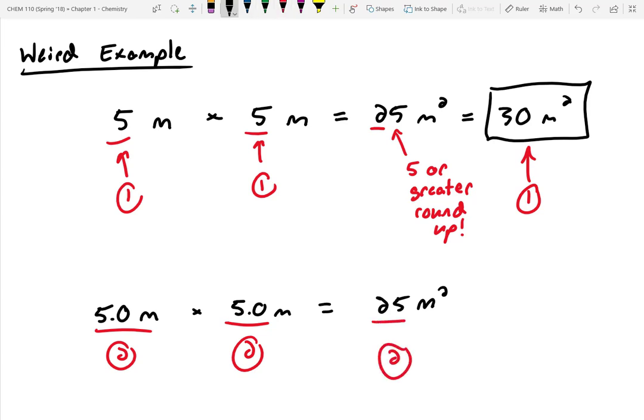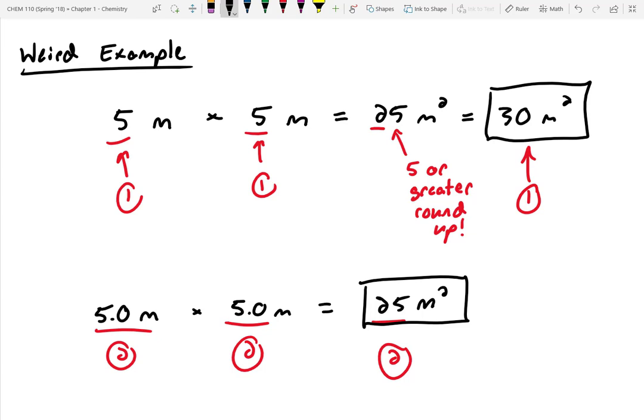So this one, we don't need to worry about rounding at all. This would be our correct answer. And it makes more sense, right? If you tell an engineer, I've got a board that's 5.0 meters, not about 5 meters, your final answer is going to be a lot more precise or accurate. Make sense? So in chemistry, 5 times 5 is sometimes 30.